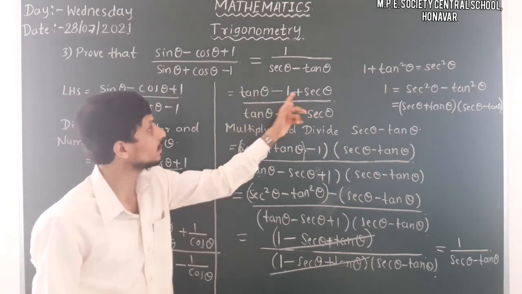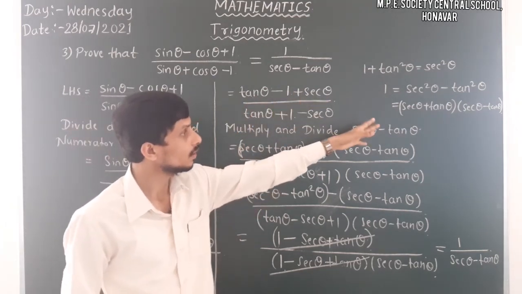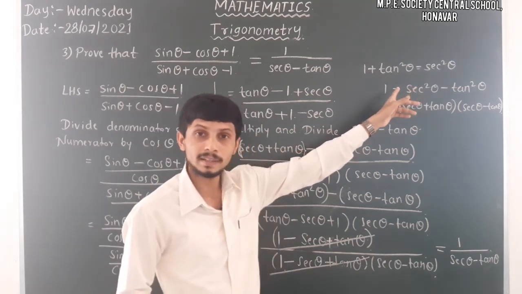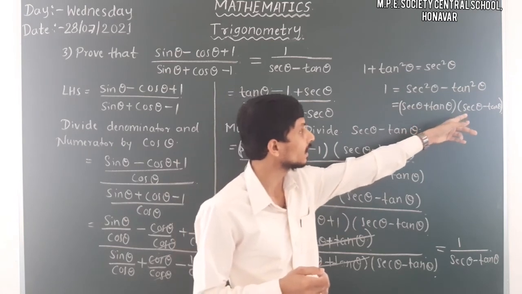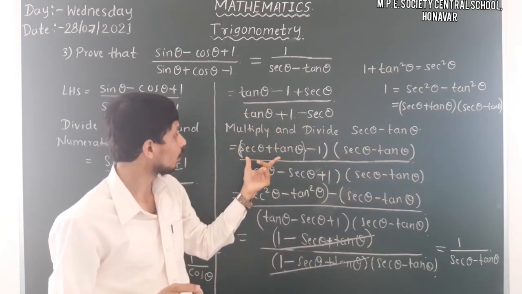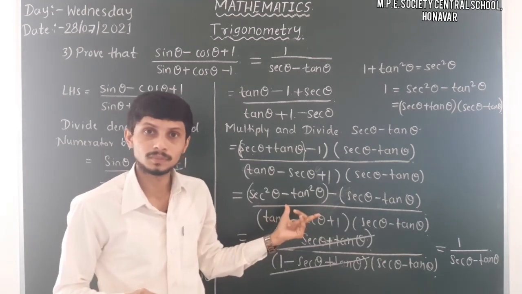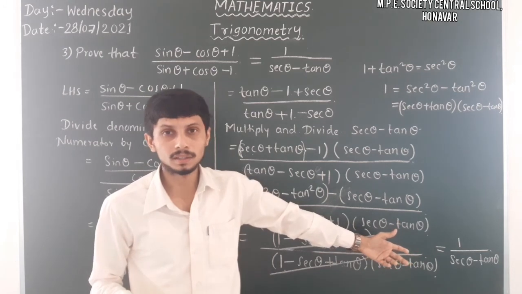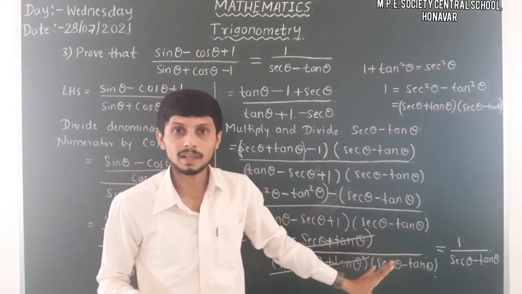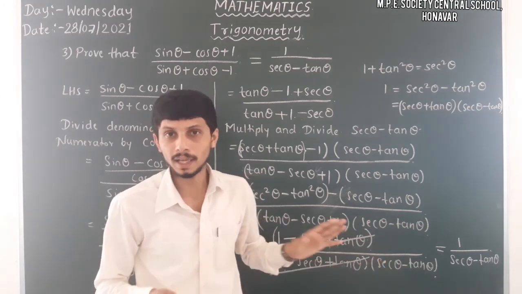Here just observe, tan theta and sec theta we have. Tan theta plus secant theta we have means, using the trigonometric identity we have to multiply the numerator and denominator with secant theta minus tan theta. Then we get one of the trigonometric identity forms. So again it is simplified and then we got the required RHS side. So likewise we have to solve.